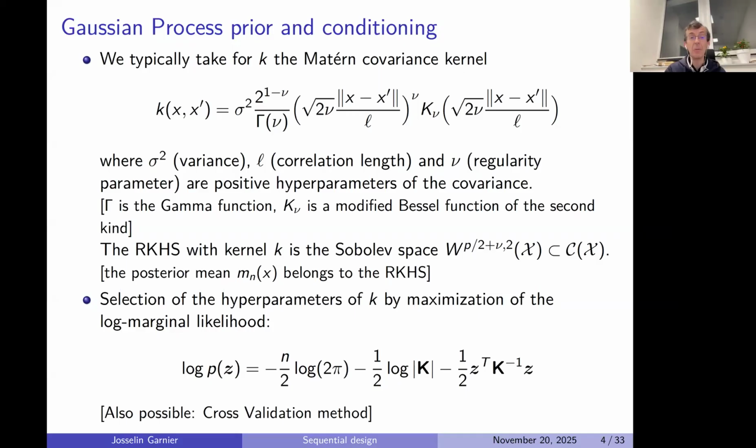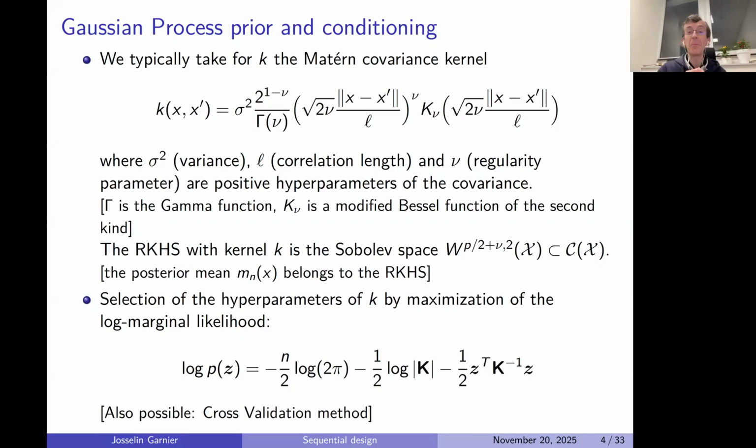And typically, what we will use here is the most classical covariance kernel class, which is the Matérn covariance kernel. So it looks like a very complicated covariance function, but in fact, it's complicated in the physical space, in x. It's in fact very simple in the Fourier domain. If you take a Fourier transform of this function, you will get something that is extremely simple, that is just a Lorentzian to some power.